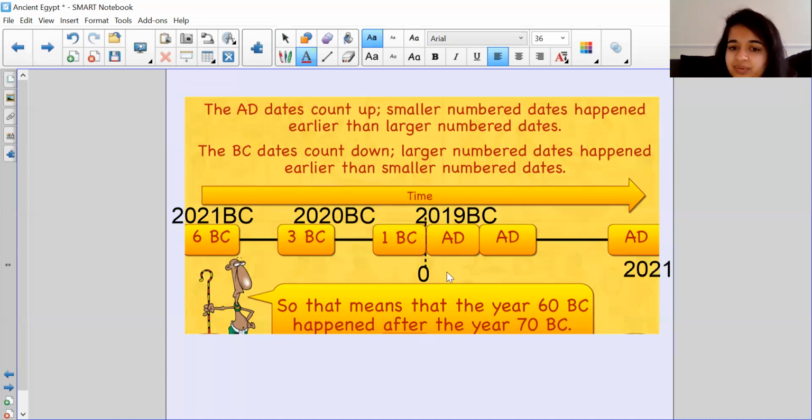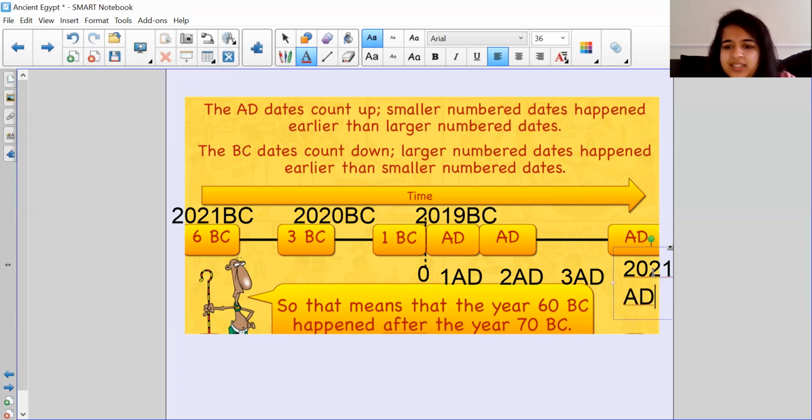And once they reached 0, it became 1 AD, 2 AD, 3 AD, all the way up until 2021 AD. We don't say 2021 AD, but it is 2021 AD. What that means is that, for example, the year 60 BC happened after 70 BC, and that makes sense because if you're counting down from 2000 all the way to 0, those numbers started earlier. A little bit confusing. We will go over and over it.